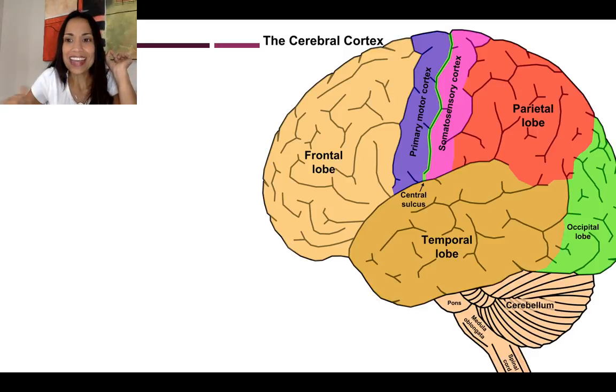Okay, so the entire cerebral cortex, again, cerebral cortex, gray matter in the cerebrum, is organized into multiple sensory areas, association areas, and motor areas. For example, for sight, there is an area that only receives the light waves, the visual information.